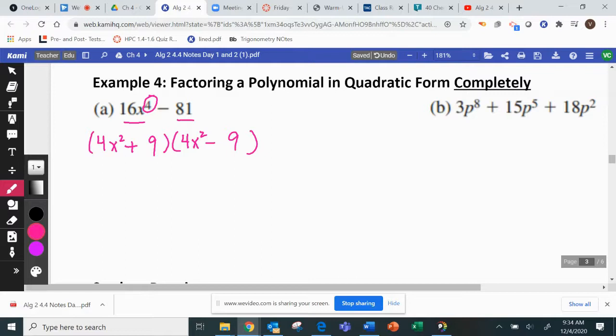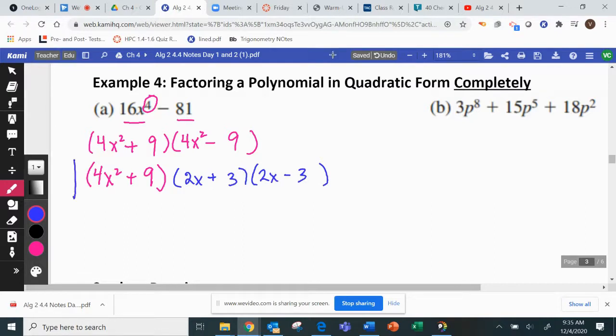And then we see if we can factor it further. 4x squared plus 9 is not a difference of squares because it is a sum. So this one is done, even though it has a squared in it. But 4x squared minus 9 is a difference of squares, so this one can go further. And once you hit first power, you know you can't go any further.